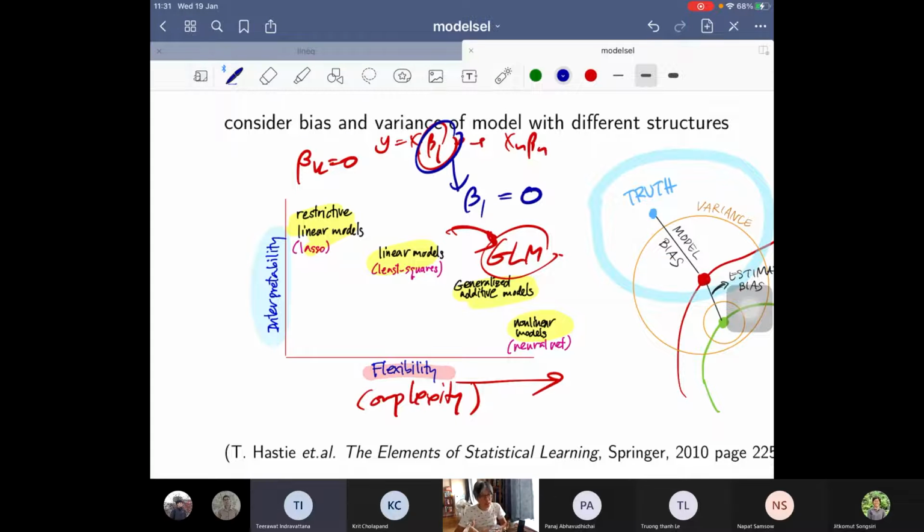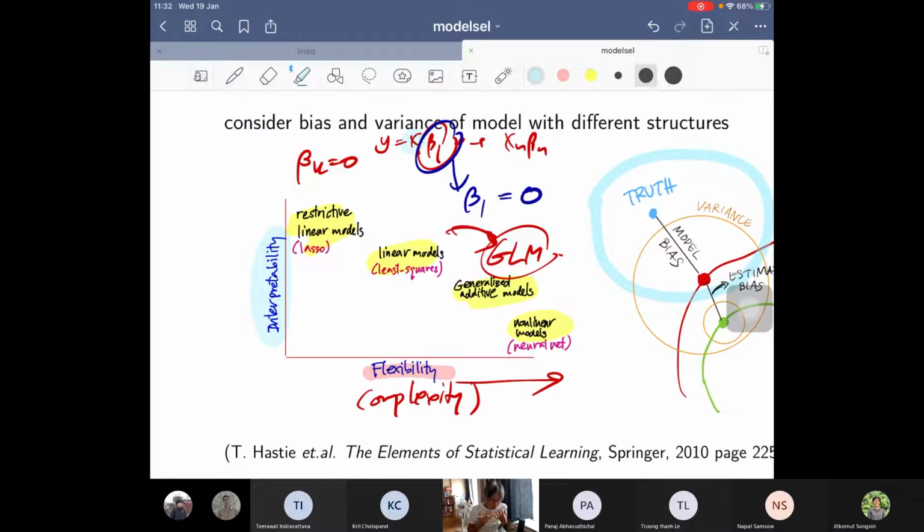When some coefficient is 0 in the linear regression model, we can interpret that x1, that variable, is not important or unrelated. Right, x1 is not statistically significant to be included in the model.